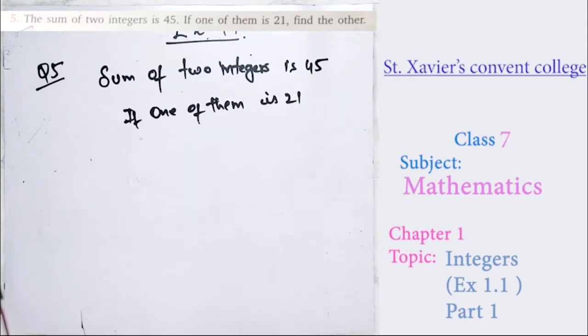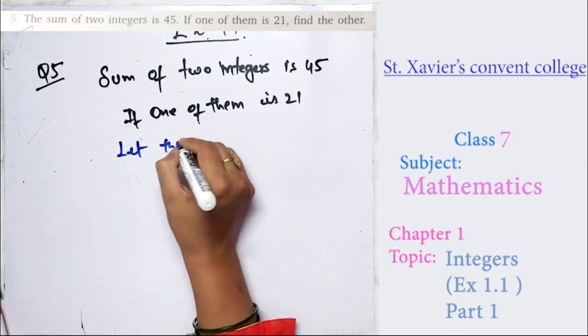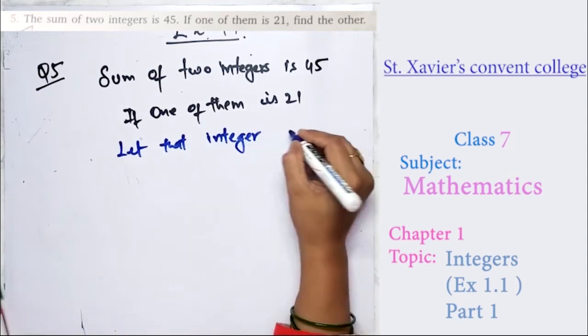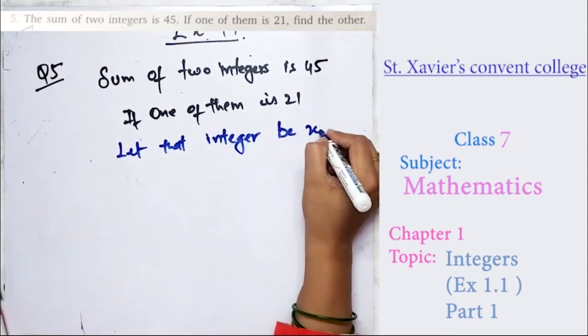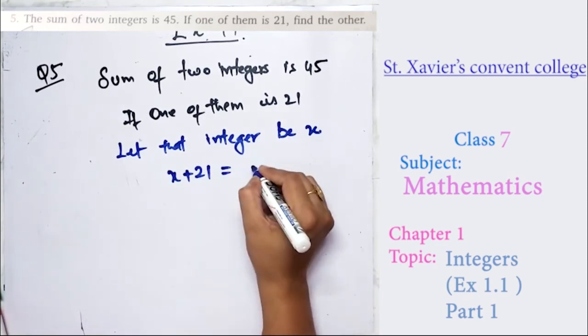To find that unknown integer, let that integer be x. So x plus 21 is equal to 45.